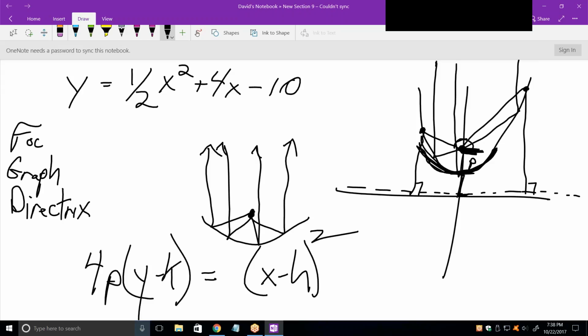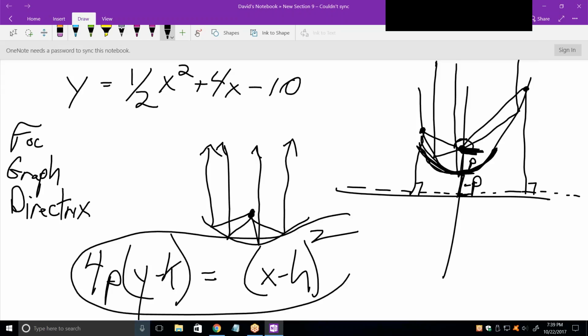So if I can take this equation and put it into this format, then not only will I know where the vertex is, I will know where the focus is, and I will know where the directrix is, because the directrix is the same distance from the vertex as the focus is. Okay. So I somehow have to get it into that formula.